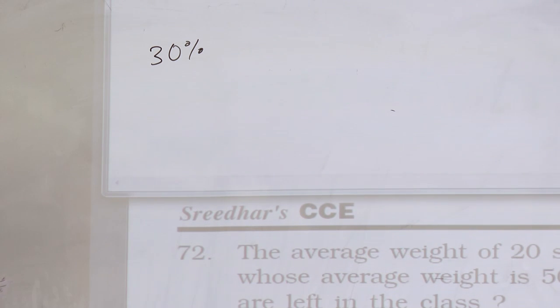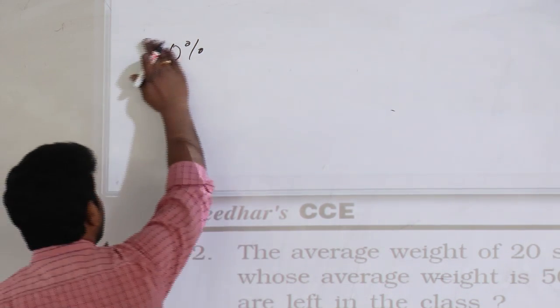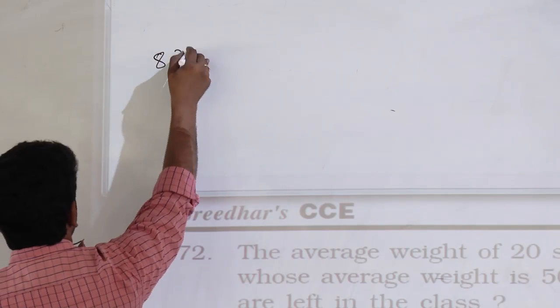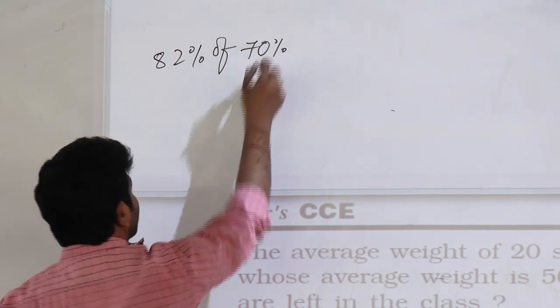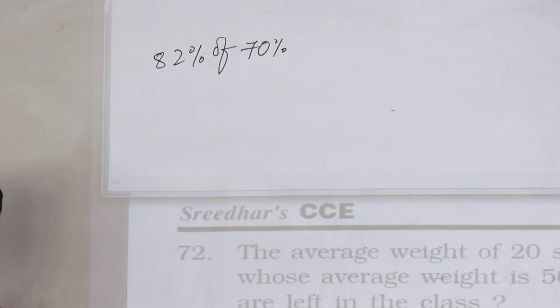If after spending on groceries and repair, he was left with 17,220. On the remaining 70%, he is going to spend 18%. Remaining will be 82% of what? 70.